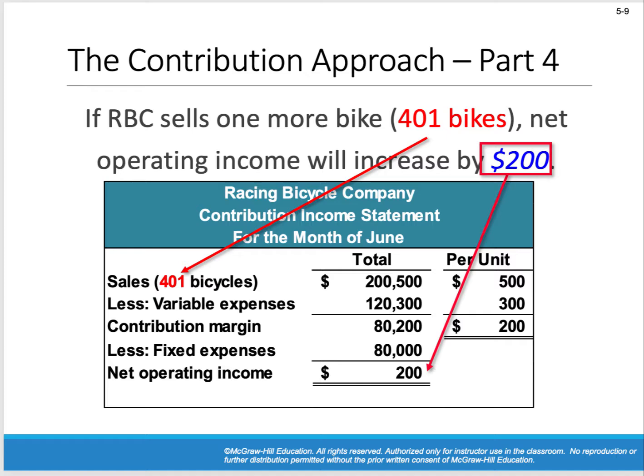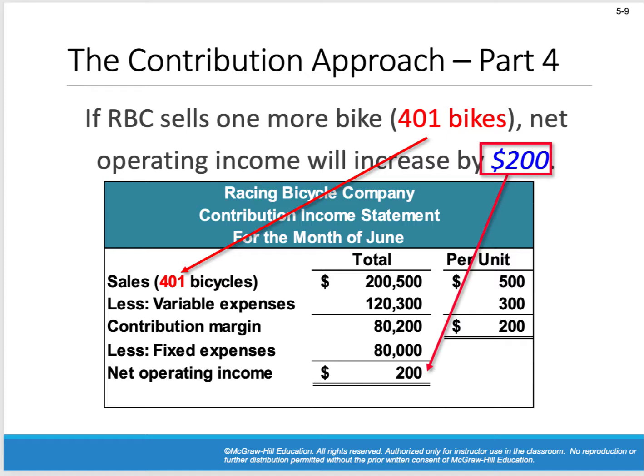And it first covers the fixed cost, and any remaining contribution contributes to the net operating income. So this is like at the right point to show how one more bike is going to increase our net operating income by the amount of the contribution margin per unit. Okay? So let's think about it this way. We sell 401 bikes, right? We have an increase in our sales revenue.